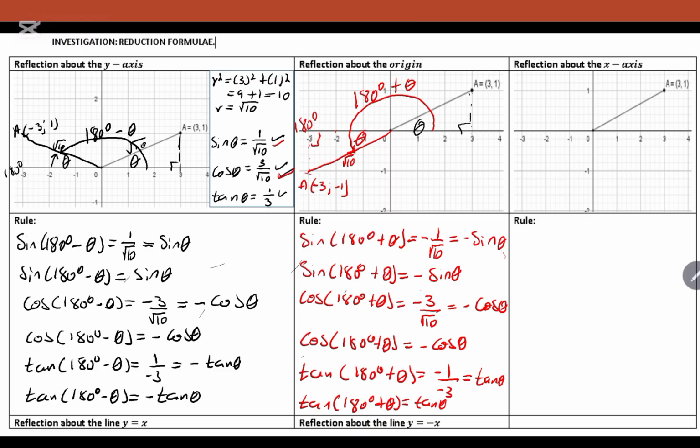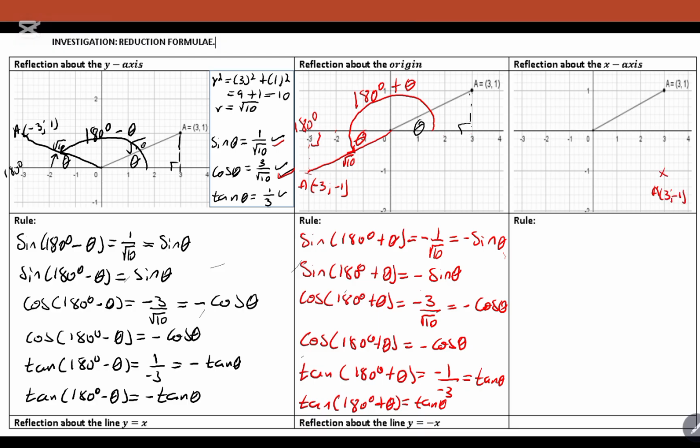Now, let us look at the last reflection line. This reflection line says reflection about the x-axis. So, this is the reflection about the line y is equal to 0. Our coordinate point is 3 and 1. When we reflect it about the x-axis, the image of A will then be 3 and negative 1.